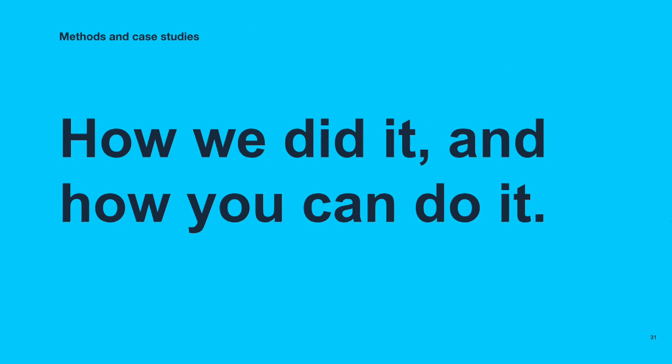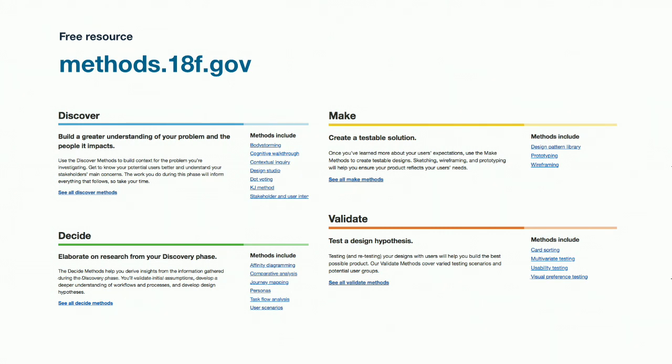So here's how we did it and some methods that you can use and apply to do things like this yourself. So this is a free resource I will be talking about throughout the presentation. It's methods.18f.gov, and it is a free collection of tools that describe how our teams put human-centered design into practice.